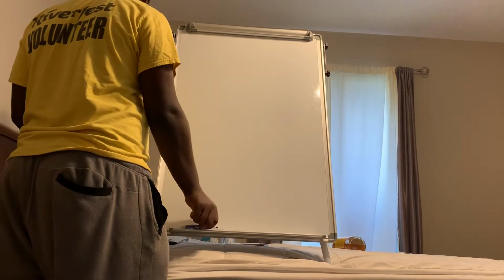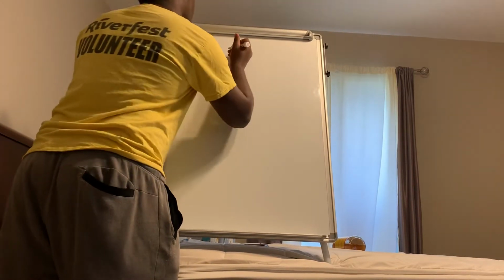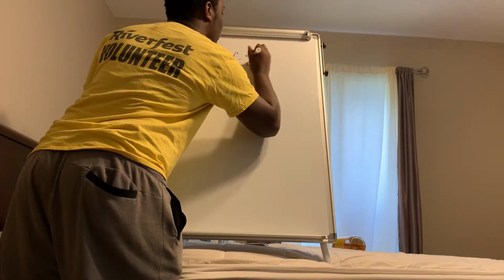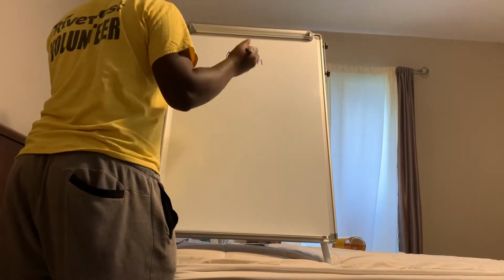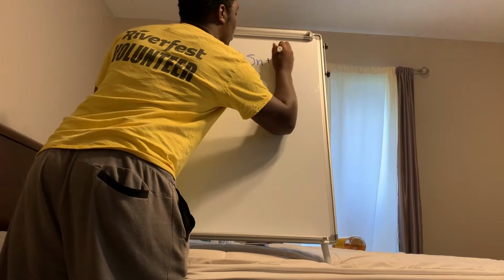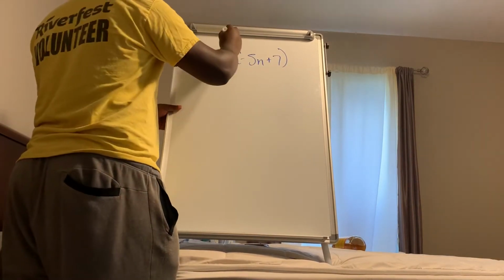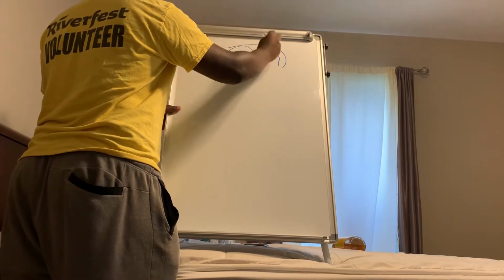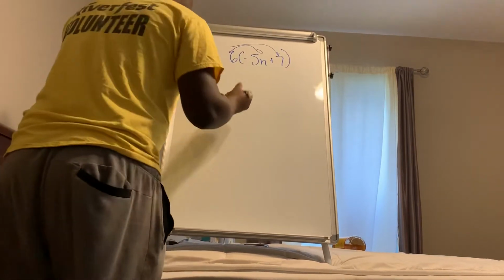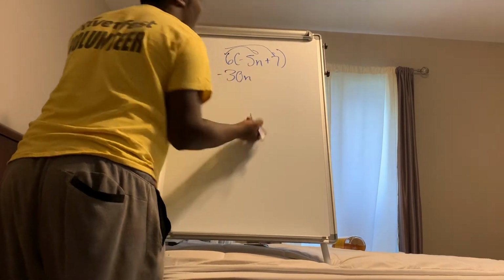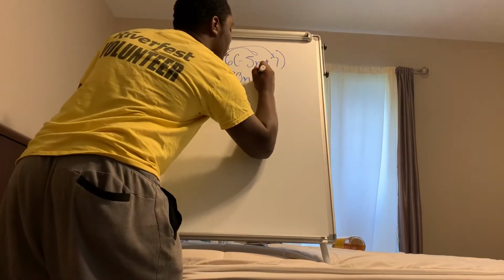After that, we have 6, and then -5n plus 7. Okay. So then we're going to distribute to both of them. We have -30n plus 42.